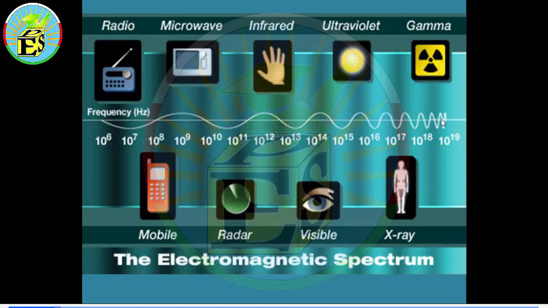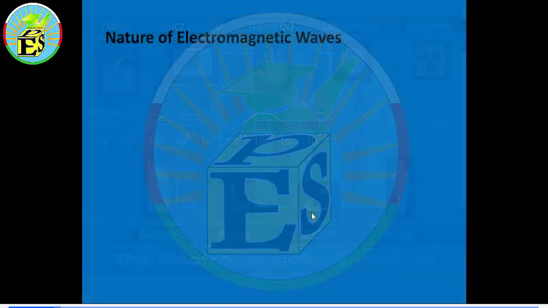Gamma ray is the shortest wavelength and radio wave is the largest. Penetration of electromagnetic waves increases with decreasing wavelength. It means gamma rays have high penetration but radio waves have low penetration. This is the electromagnetic spectrum.